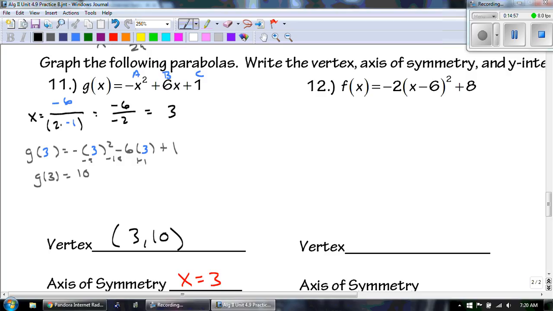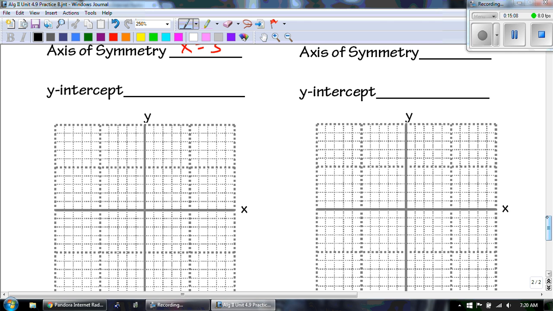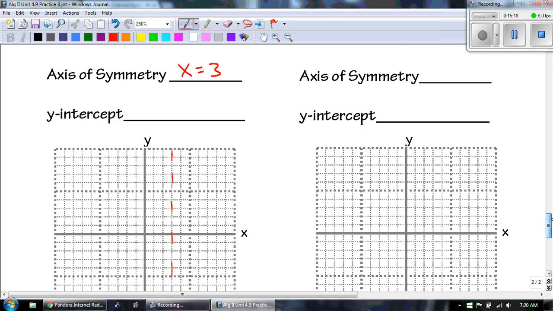Okay, and then I think the last thing that it wants is our y-intercept. So let's wait to see if we can see it. Okay, so I'm going to graph my axis of symmetry at 3. Now I have a negative a, and it's a negative 1, so a equals negative 1. And then we start at 3, 10. That negative 1 means that I go down 1 over 1, down 4 over 2.